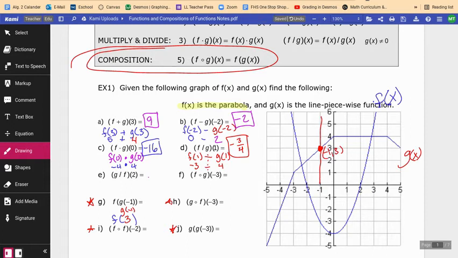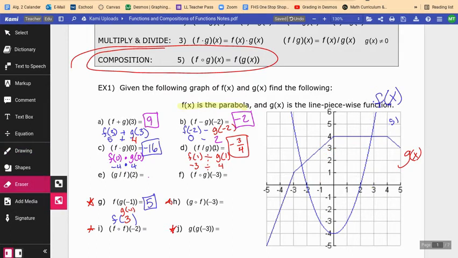So then again, I come over here and I have a vertical line at 3. Where does it intersect the f graph? That value is 5. So f of 3 is equal to 5. So that means this entire composition is 5. So we always work from inside out with compositions.